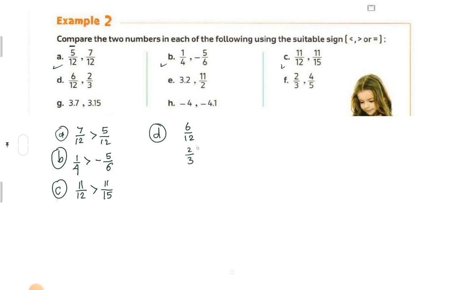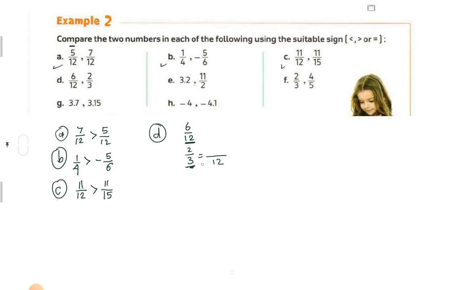Just note that 12 is a multiple of 3. So 6 over 12 stays the same, and we need to convert 2 over 3 to denominator 12.